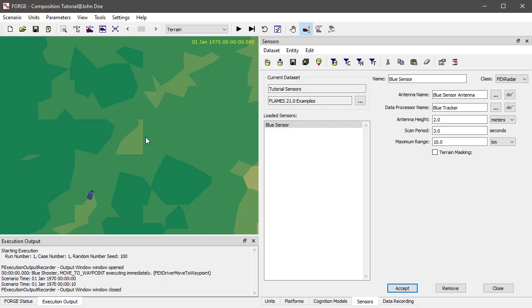So in a real battle, a human operator is always operating on his own individual perception of what's going on in the world around him. And in general, the data that forms our perception of the world around us is formed by our own local sensing capability and the information that is sent to us via communication systems from other entities or other participants in the battle that are telling us what they see.